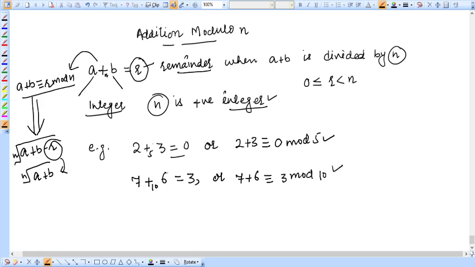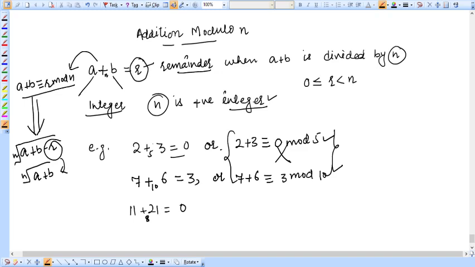But we don't need to write in this way. This is not the need of the r. So we will be directly writing, okay, what is 11 plus 21 under addition modulo 8? So it is equal to 32, right? So it would be equal to 0, because when 32 is divided by 8 we get 0 as the remainder.